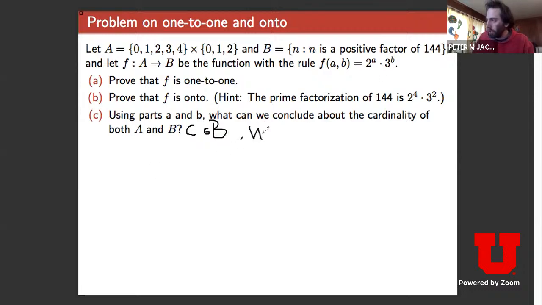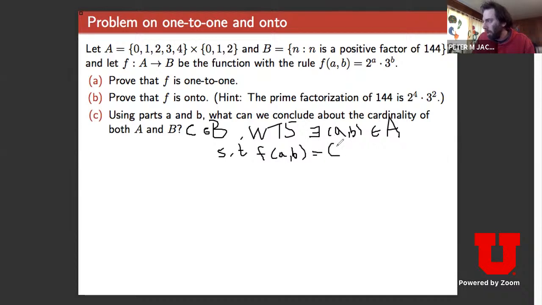So what we want to show, as Alec was saying, is that there exists an (a, b) in capital A such that f of (a, b) equals c. Okay. So to do that, it says that we should use this hint. So we'll try to do that.